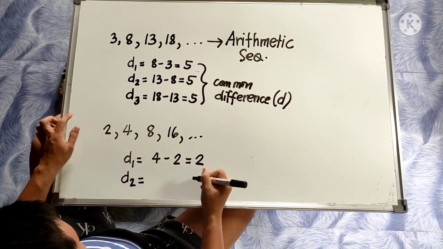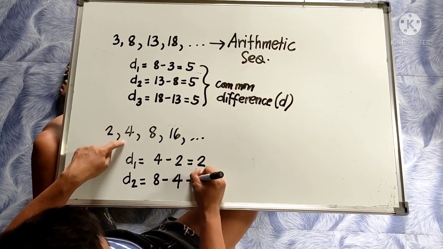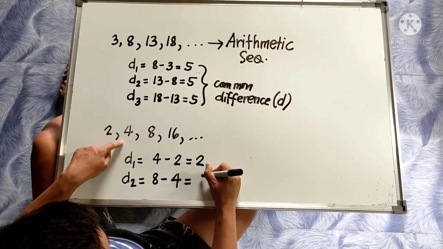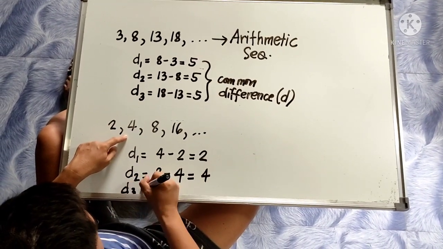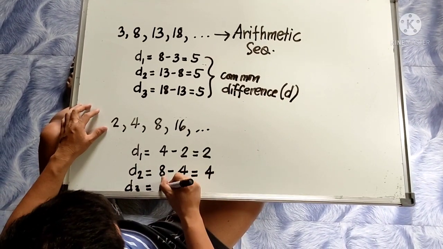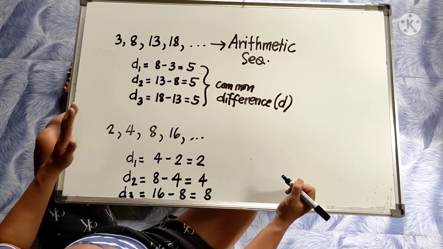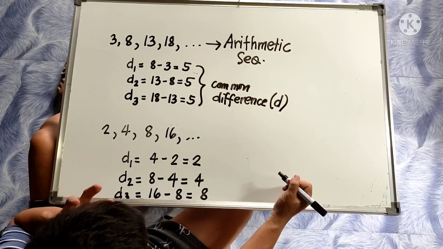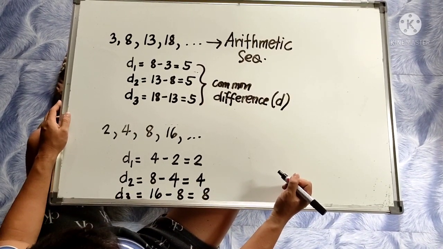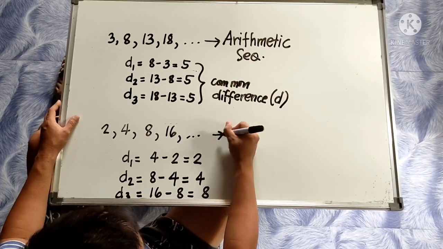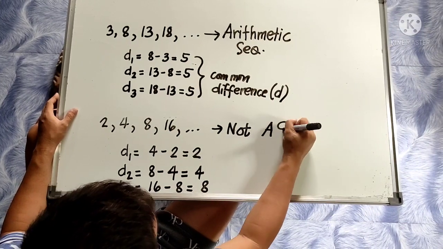Second difference will be 8 minus 4, which is 4. Third difference is 16 minus 8, which is equal to 8. Do we have a common difference? The answer is no. There is no common difference. Therefore, number 2 is not an arithmetic sequence.